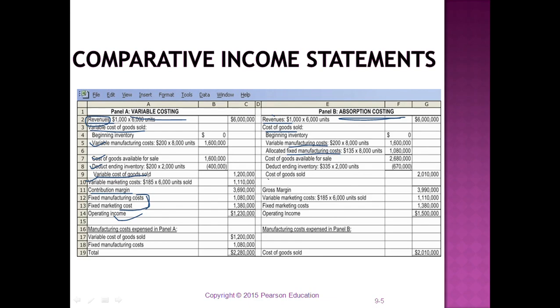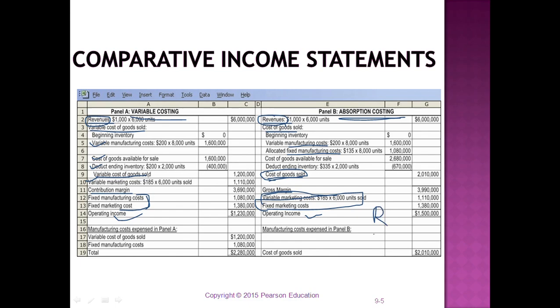So revenue minus cost of goods sold gives you gross margin, minus the non-manufacturing cost, regardless of whether it is variable or fixed, to give you your operating income. So basically under the absorption costing method, you use this technique.